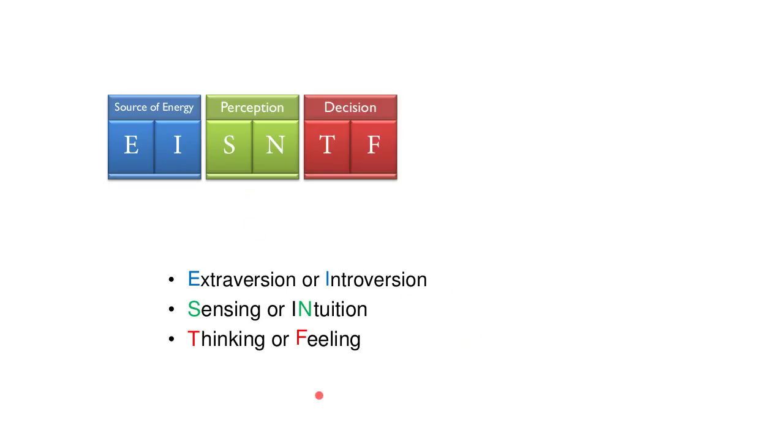The next one: when you perceive the data and information, you have to do something with it. You have to decide about it. You have to think about it, which is called the decision part. So in this dichotomy, Jung divided people into thinking and feeling people. The first part, thinkers, are the people who are fans of logic. They are always seeking logic in perceived data and information to make decisions, and they decide by the head at this step, while feeling people are the ones who decide based on personal values which are related to other people.